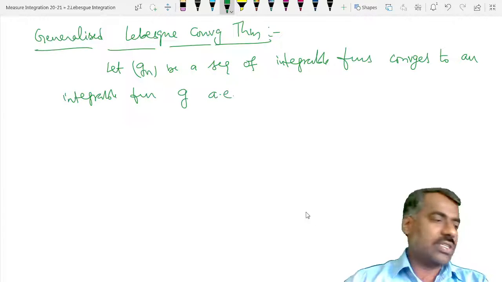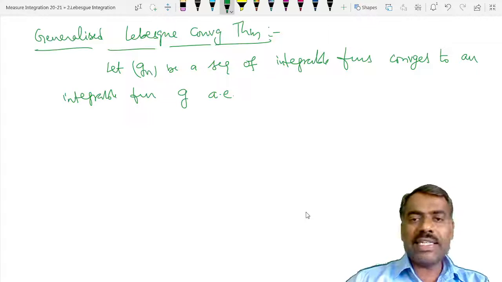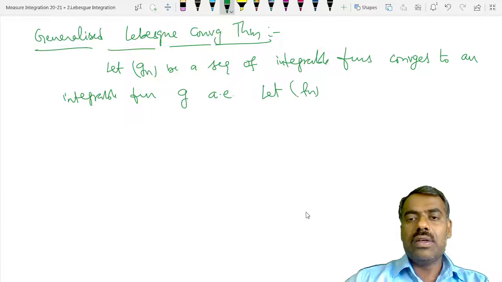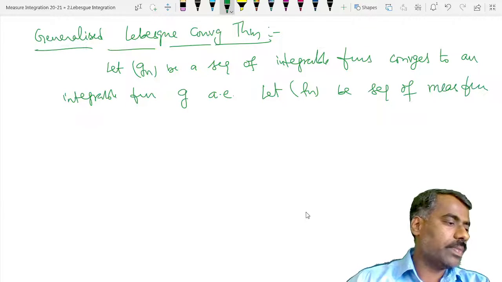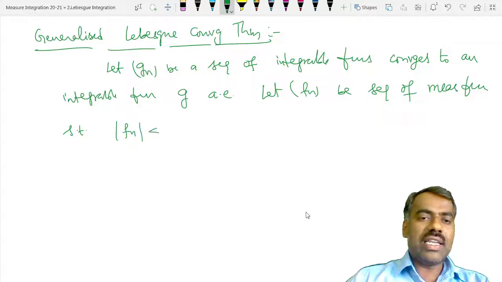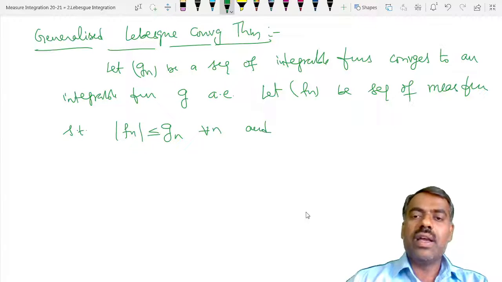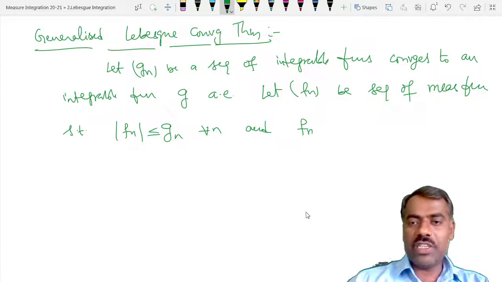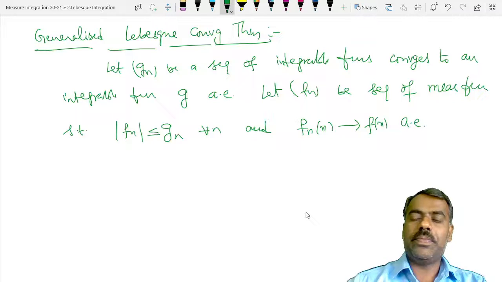Even you can take almost everywhere, it is not a problem. Now let fn be a sequence of measurable functions such that mod fn is less than or equal to gn for every n, and fn converges to f of x almost everywhere.